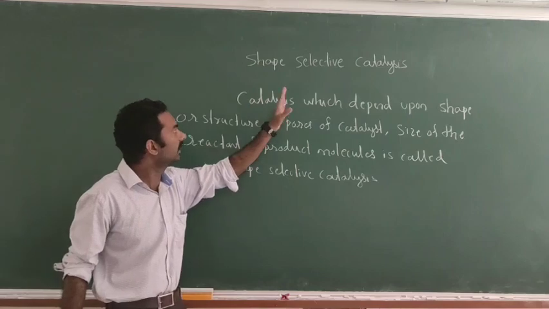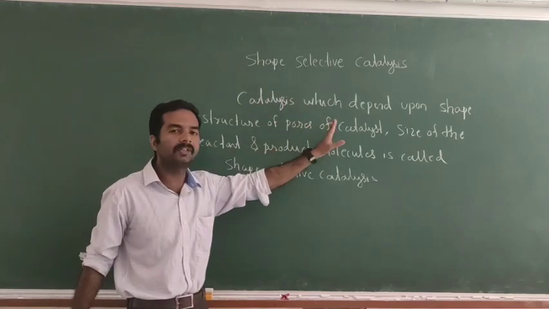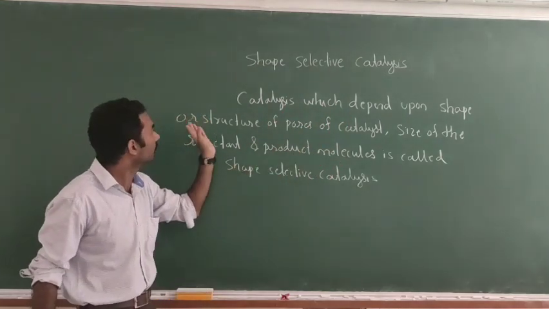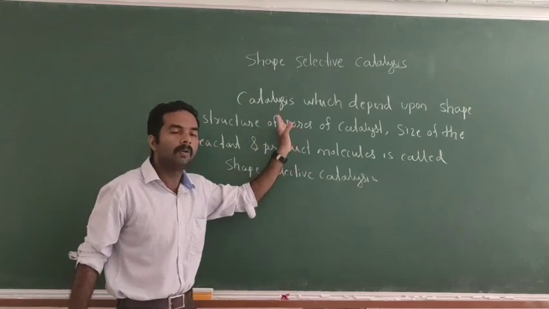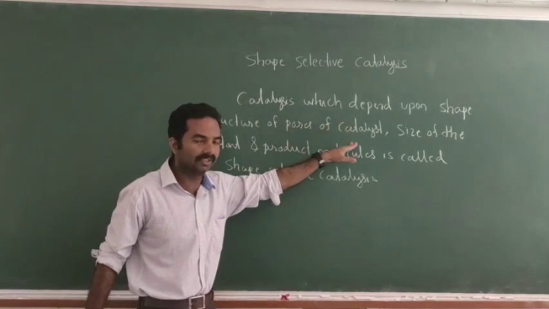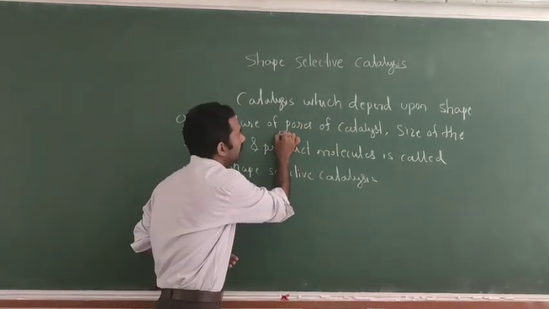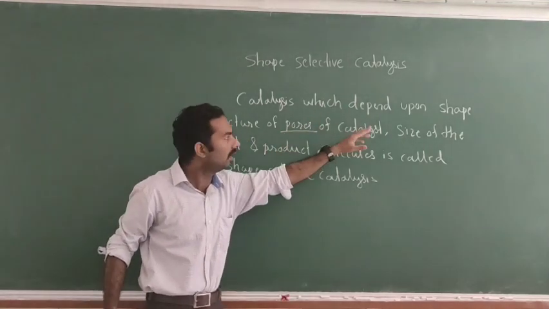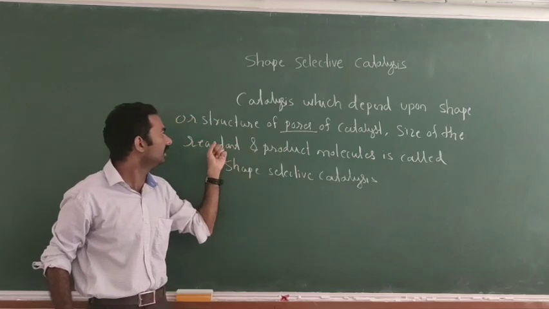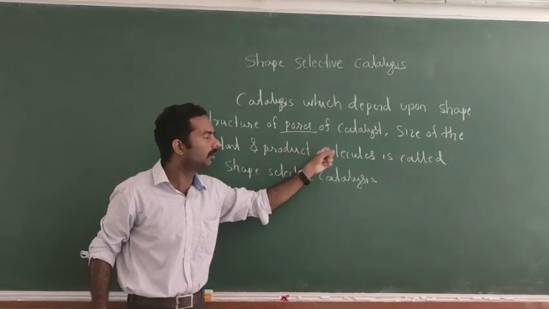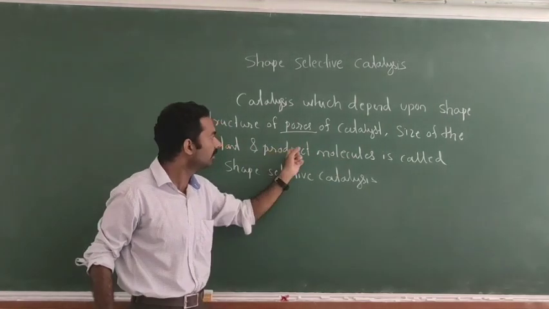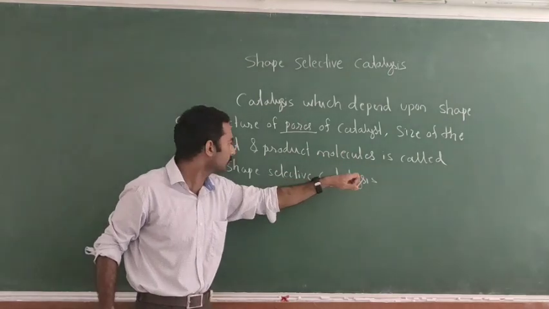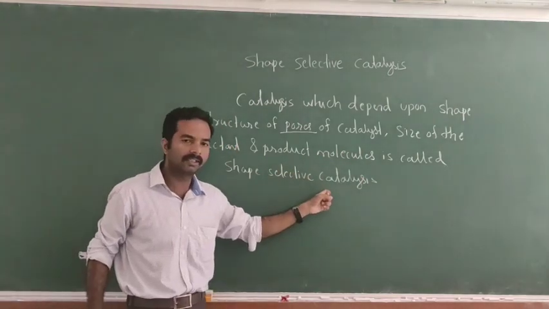So shape selective catalysis is the catalysis which depends upon shape or structure of pores of catalyst, and size of the reactant and product molecules.